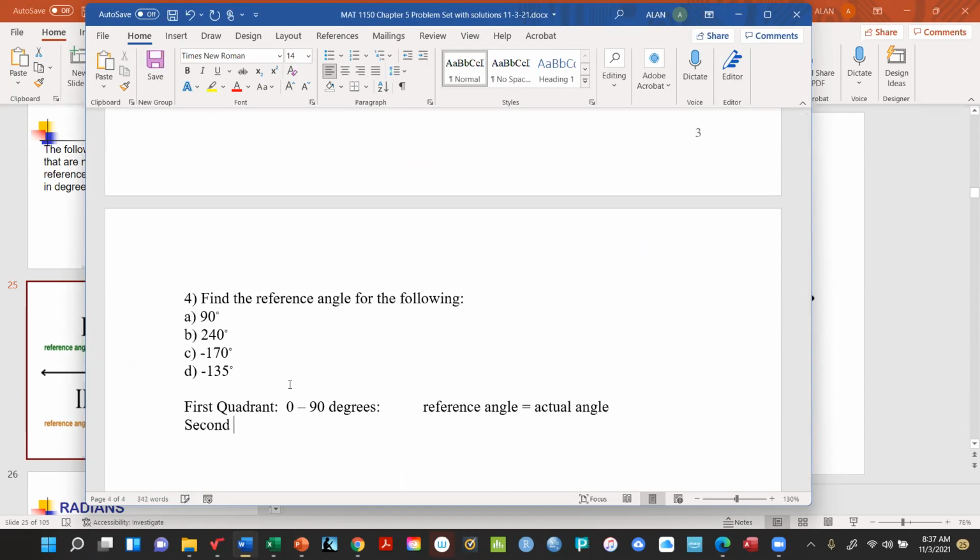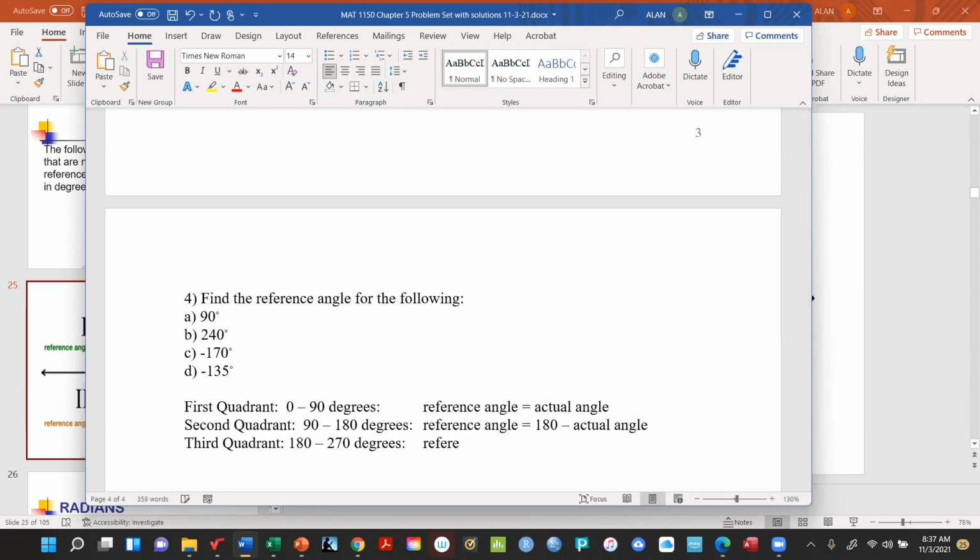Okay, in the second quadrant, which is 90 to 180, then what you have to do is say 180 minus the angle. The third quadrant is from 180 to 270 degrees.